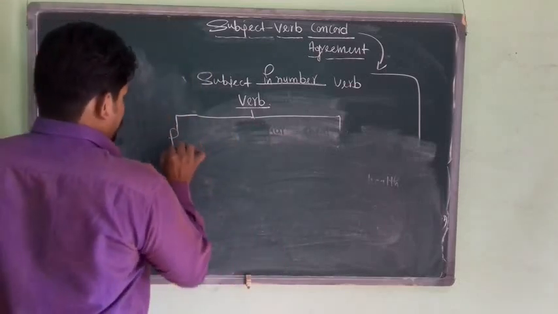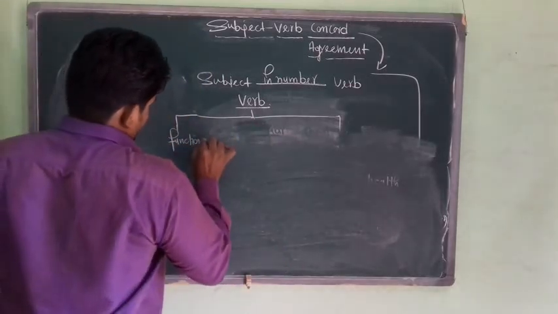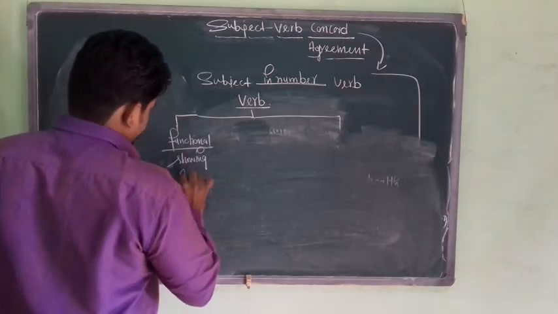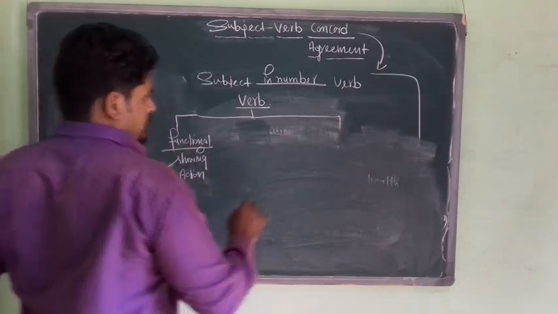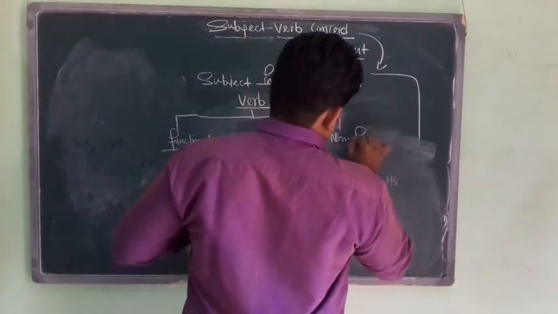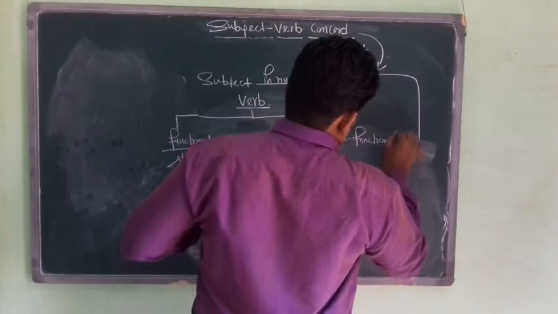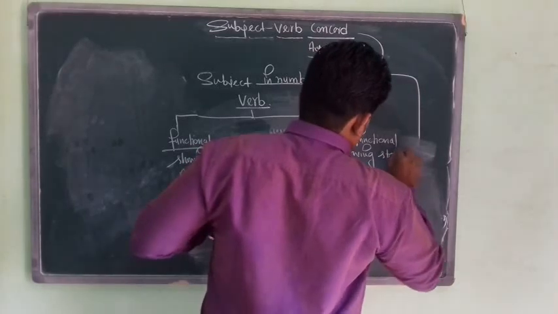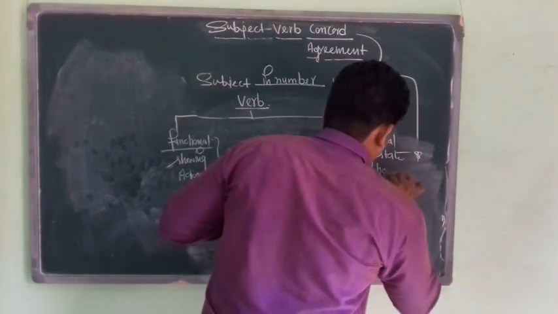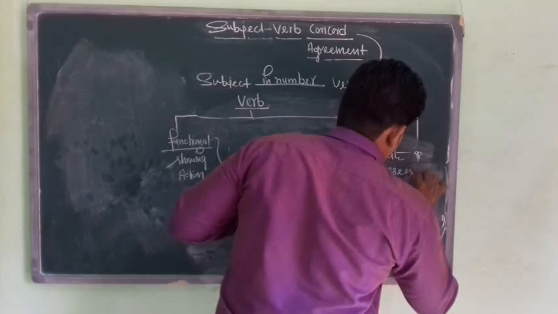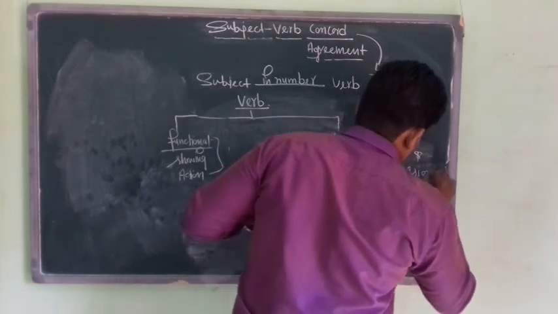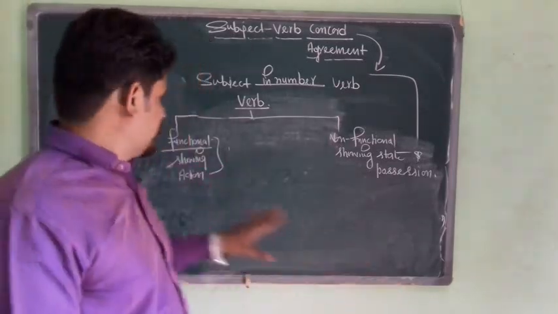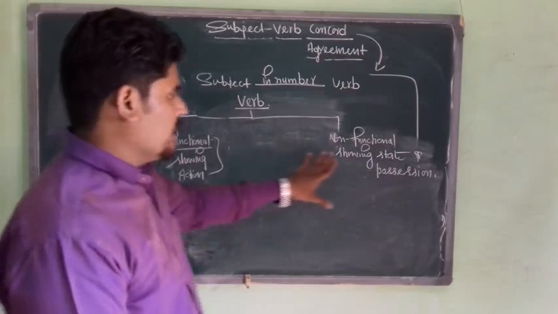First is functional verb, showing action. Then there is non-functional verb, showing state and possession. So students, we have two types of verbs here. First, functional verbs. Second, non-functional verbs.